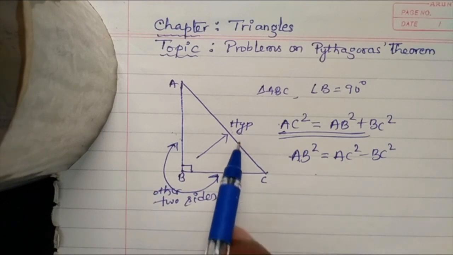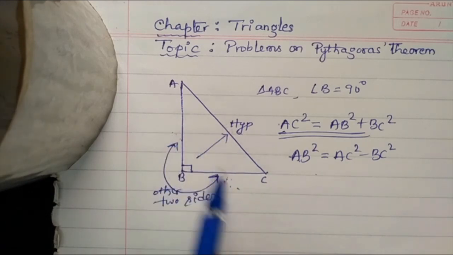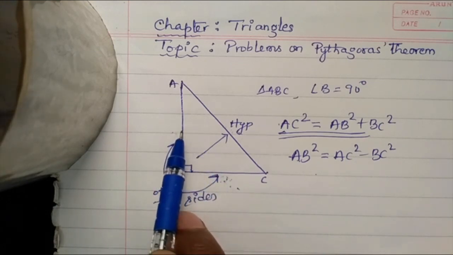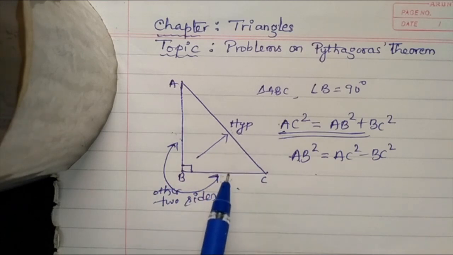That means if you are writing AC square separately, add these two, AB square plus BC square. If you are writing AB square separately, subtract. That means if you are writing a smaller side, subtract the other smaller side from the bigger one. That means AB square is equal to AC square minus BC square.